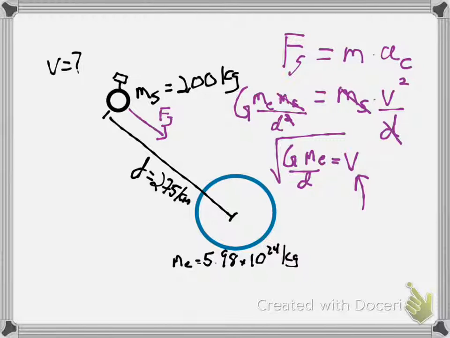So let's finish that up. Looking for the speed to be equal to the square root of 6.67 times 10 to the negative 11th newtons meters squared over kilograms squared. And I guess we're going to run out of room here. So let's see if we can't move this.